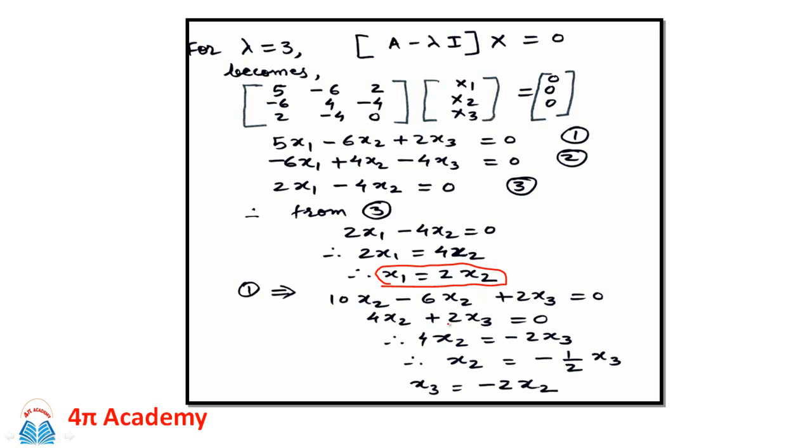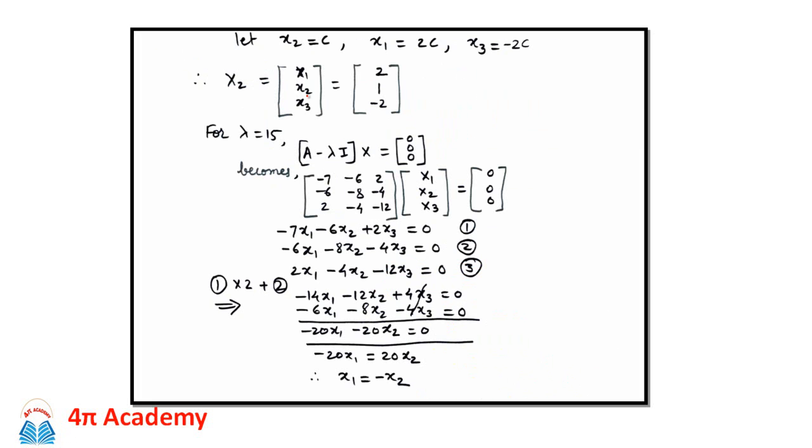So this will be 4x2 plus 2x3 equal to 0. Therefore 4x2 is equal to minus 2x3. Therefore x2 is equal to minus 1 by 2 x3, and hence x3 is equal to minus 2 times x2. So now let us consider that x2 is equal to c, x1 is equal to 2 times c, and x3 is equal to minus 2c.